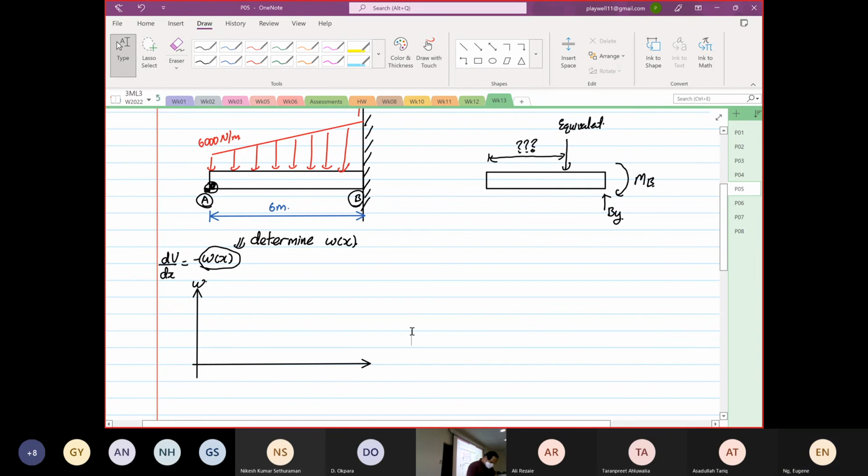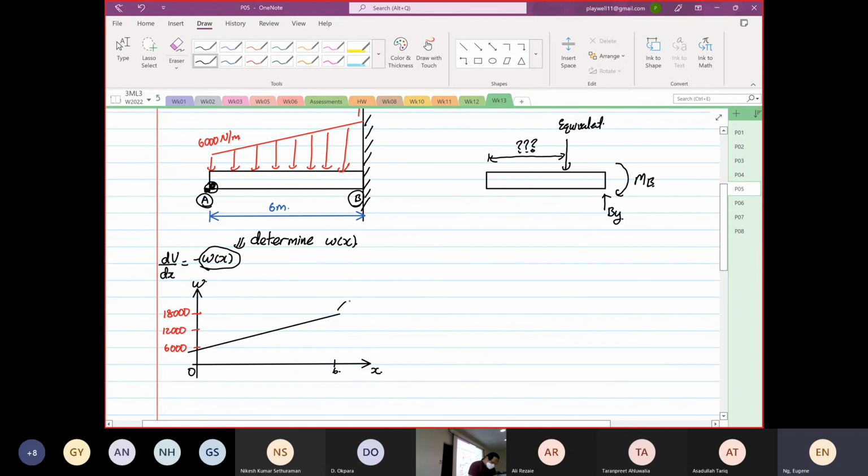Over here is 6,000, 12,000, 18,000. This is 0 and this is 6. We know the equation of our distributed load, our function, will look like this.